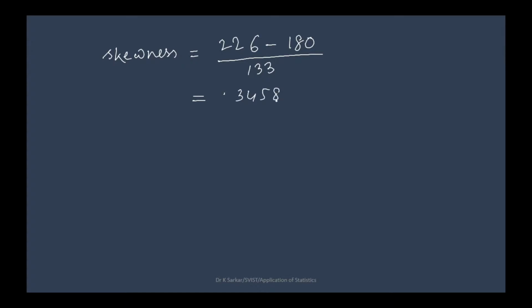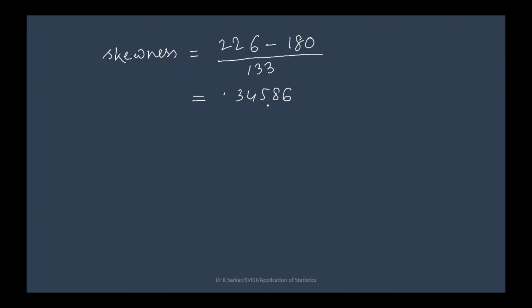Now let us find Pearson's first coefficient of skewness. Skewness is mean, that is 226, minus mode, that is 180, divided by standard deviation, that is 133, which is 0.34586.